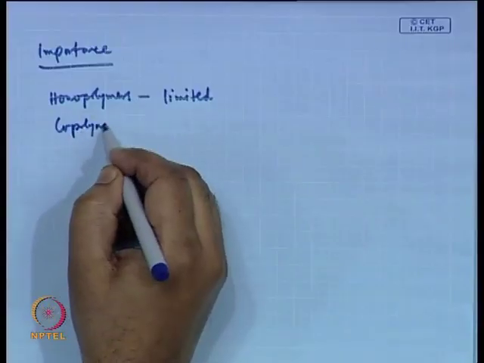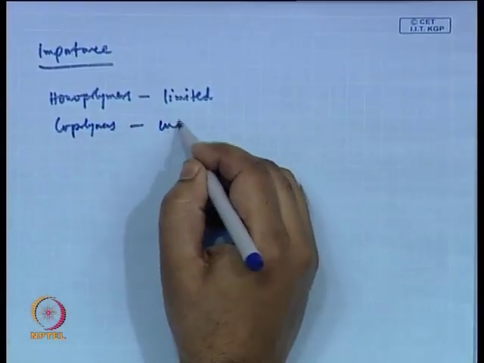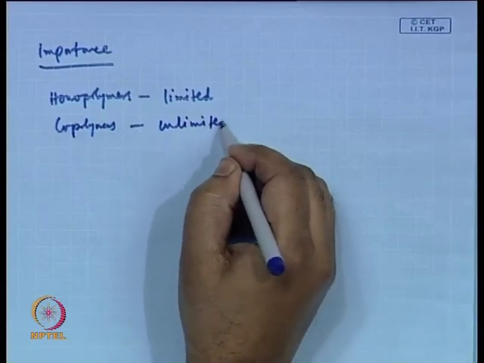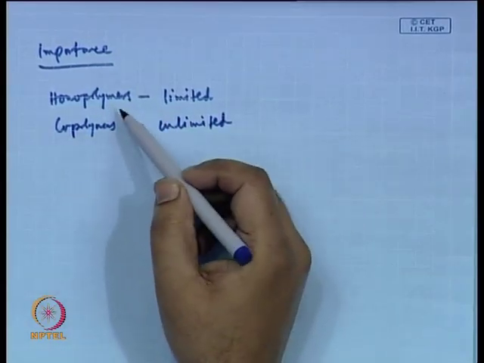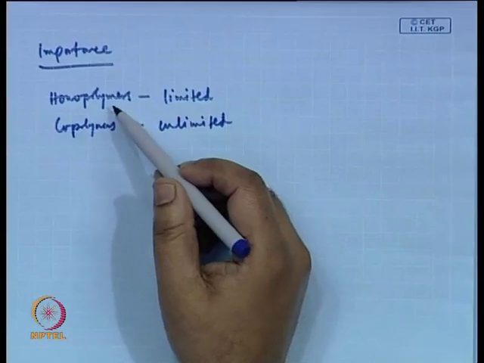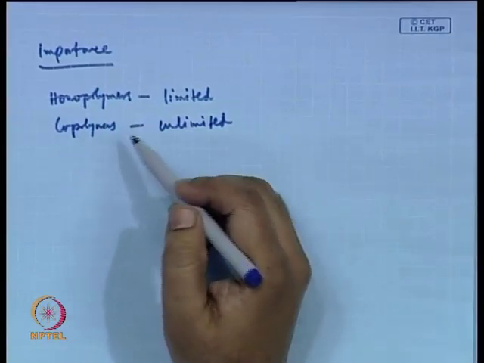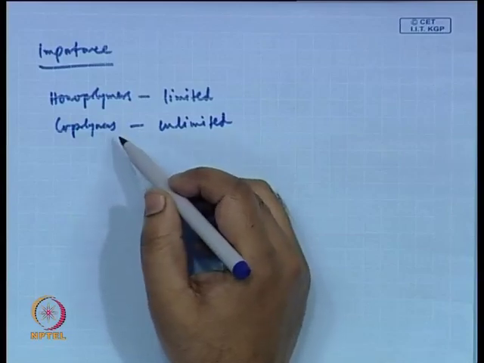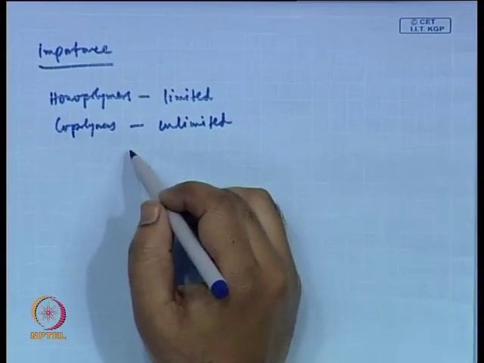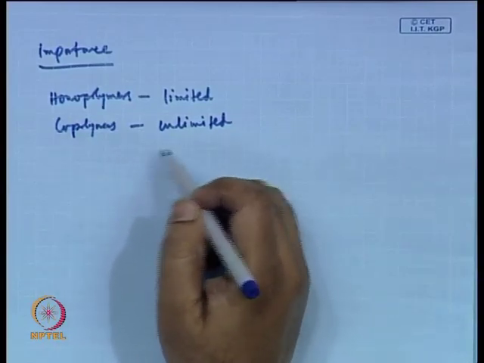Now, in terms of copolymers, the main advantage is that the options are unlimited. You can choose any of these monomers which were utilized to make homopolymers and mix them, and also make copolymers in different proportions.